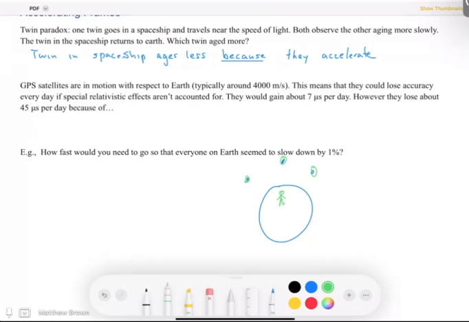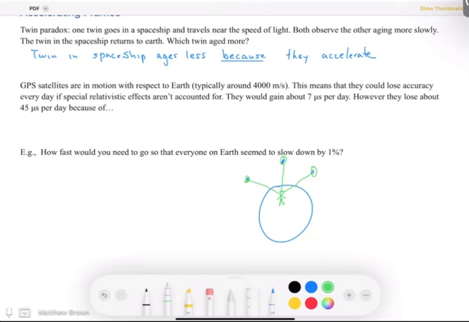The whole idea is they keep broadcasting these time signals, and the GPS device looks at the time it gets from each of these satellites and looks at the difference. Then it can figure out how close it is to each of these satellites, and from that figure out where it is. But if these clocks are running at a different speed, and they are, and you don't take that into account, these things would get pretty inaccurate pretty quickly.